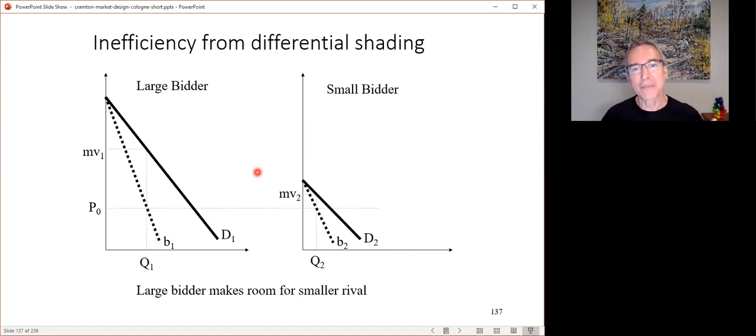So that's a very pro-competitive response, because typically competition comes into a market from the smaller guys. And so this exercise of market power is creating an opportunity for competition. And that's the main reason why I tend to favor the uniform price auction in practical settings. So for example, in electricity markets. And I don't recommend either pay as bid or uniform price.